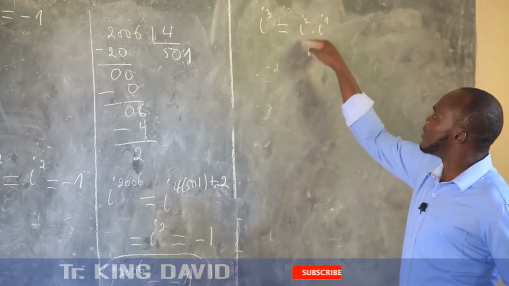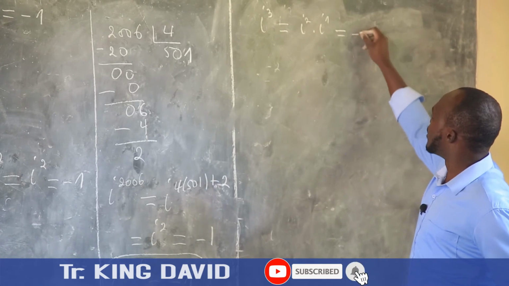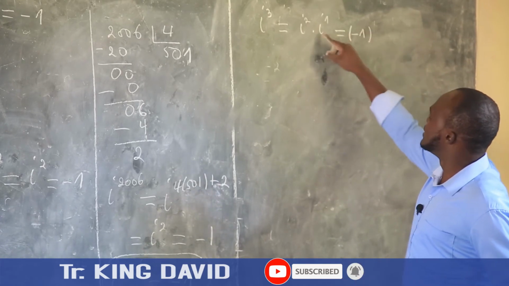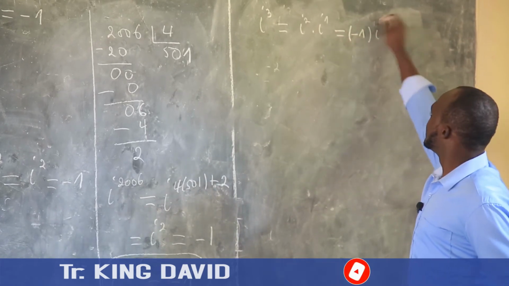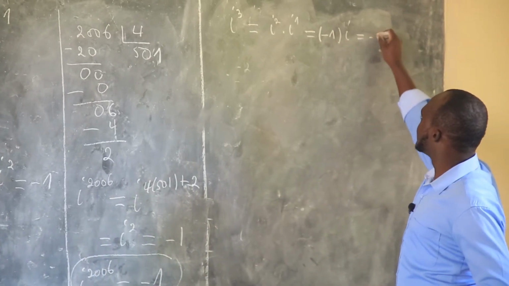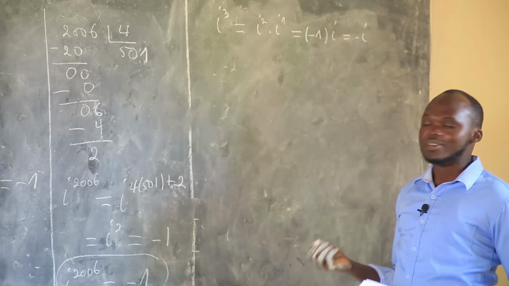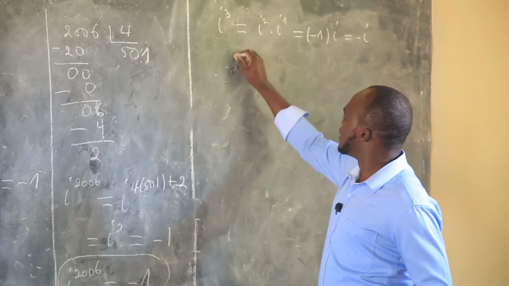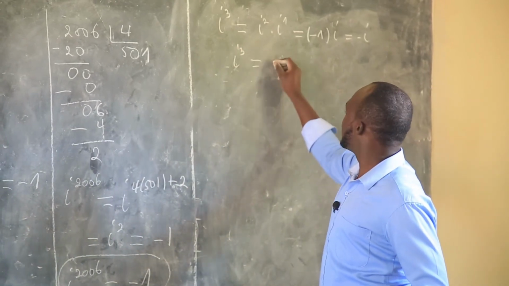So what is i power 2? That is negative 1 into bracket i power 1 is i. So what is negative 1 times i? The answer is negative i. So it means that i power 3 is the same as negative i.